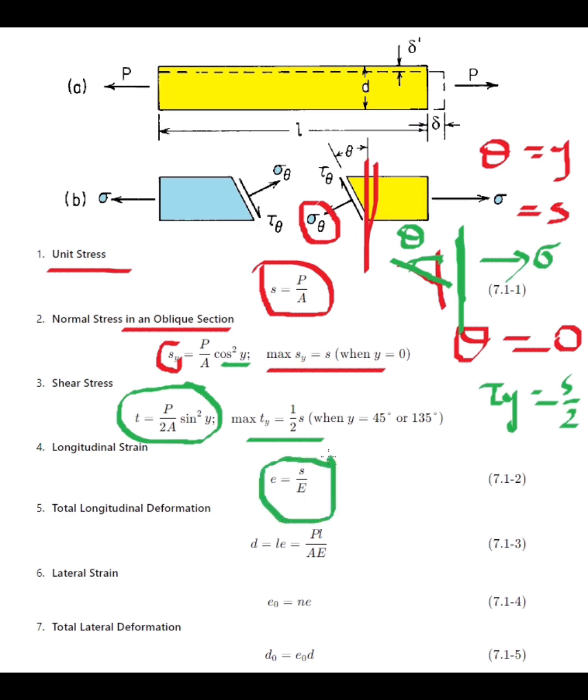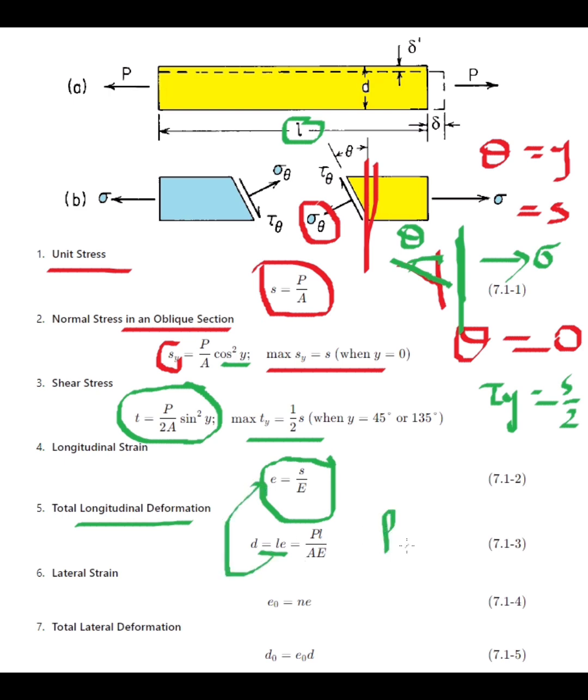Longitudinal strain is stress S divided by Young's modulus. Longitudinal deformation is the original length L times the strain E, so the maximum longitudinal deformation is PL by AE.